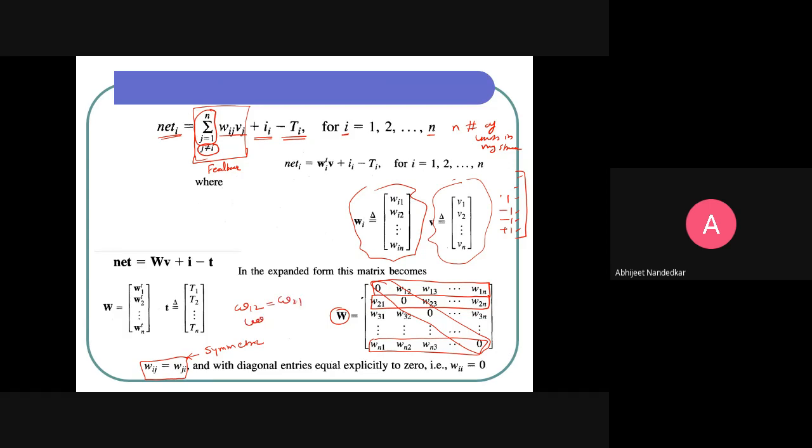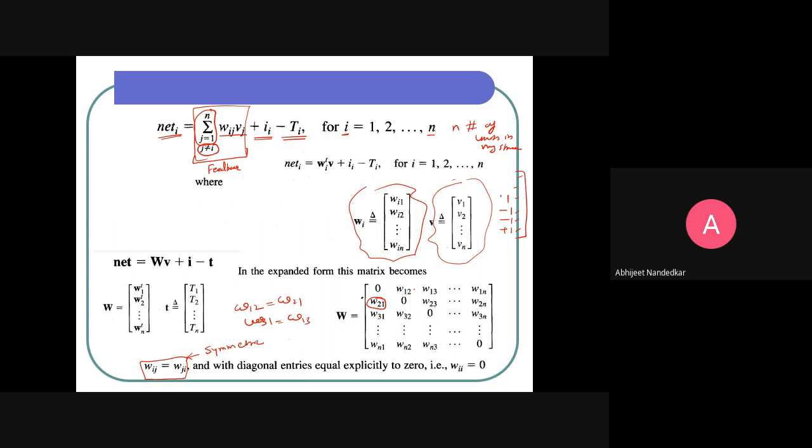So W31 is equal to W13, or W35 is equal to W53. So all these weights are symmetric. Why this is like this, we will see next. So what is the speciality of this weight matrix?